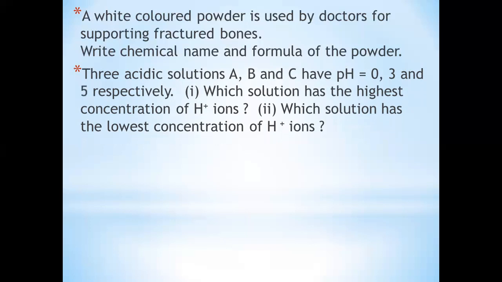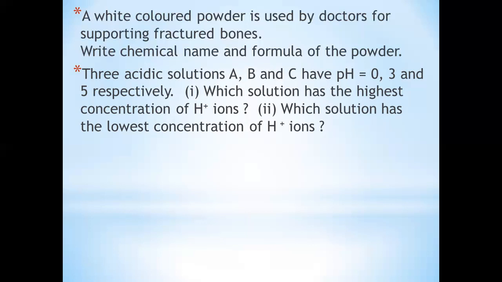Three acidic solutions A, B, and C have pH 0, 3, and 5 respectively. Which solution has the highest concentration of hydrogen ion? pH is inversely proportional to hydrogen ion concentration.